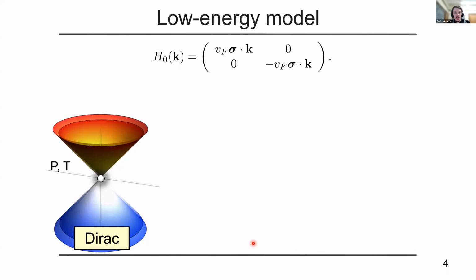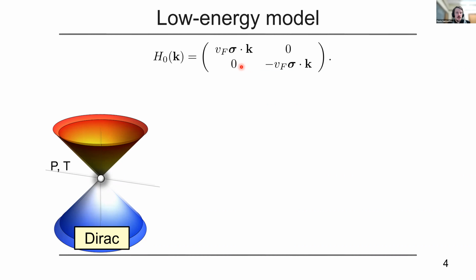Perhaps the simplest model to describe a single Dirac node would look as follows. We have a 4x4 Hamiltonian. Here, sigma is a vector of Pauli matrices in pseudospin space, I would say. Why 4x4? Well, we have two bands, which gives us 2. And then we have the spin degree of freedom, so another 2, so 2x2.